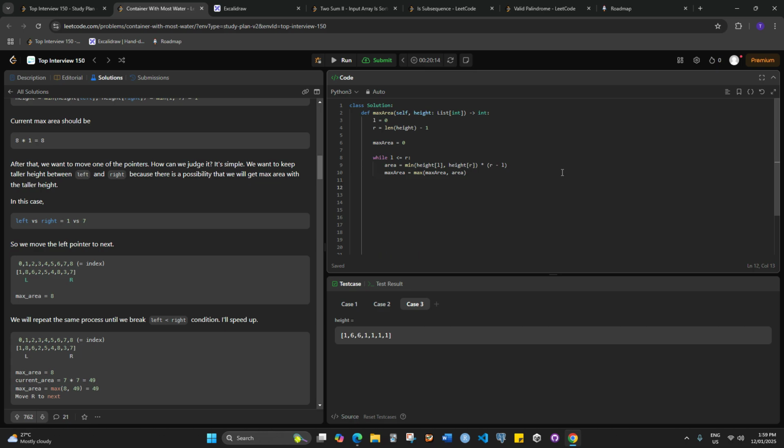And then if height of L is greater than height of R, then we do R minus equals 1.